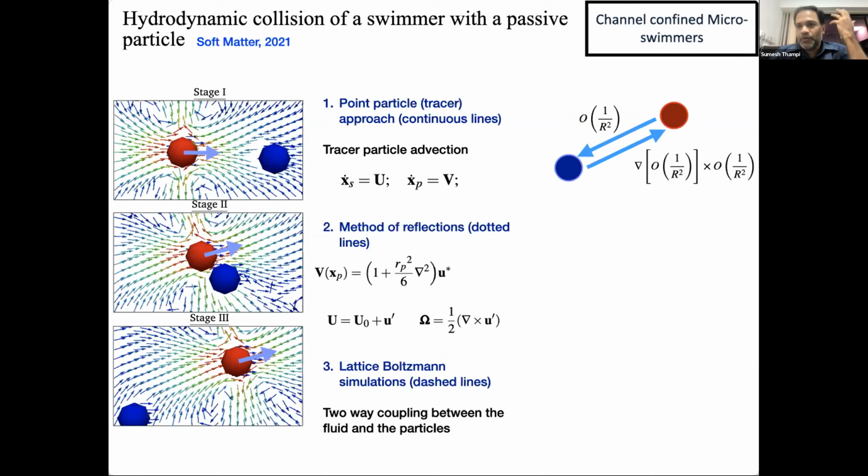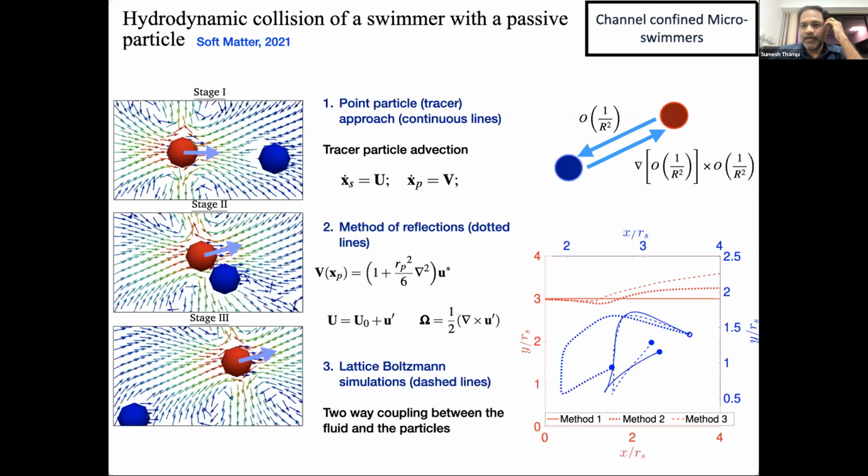For those who like to think in terms of strength, the swimmer sees the passive particle with a strength of order 1/r^2, where r is the distance between the particles, while the passive or colloidal particle would see the swimmer with a strength of order 1/r^5.